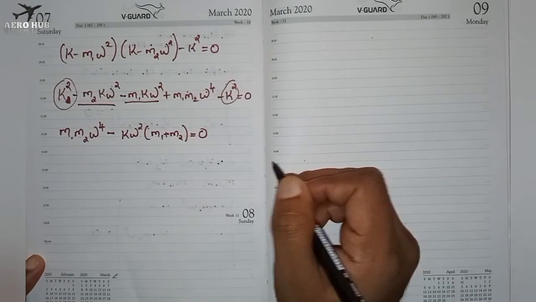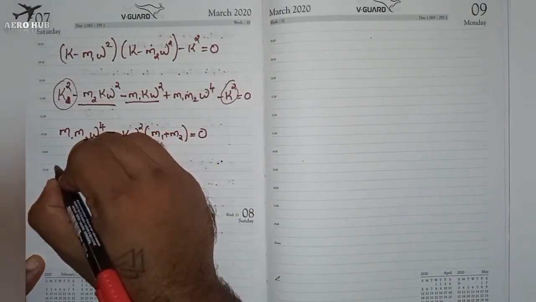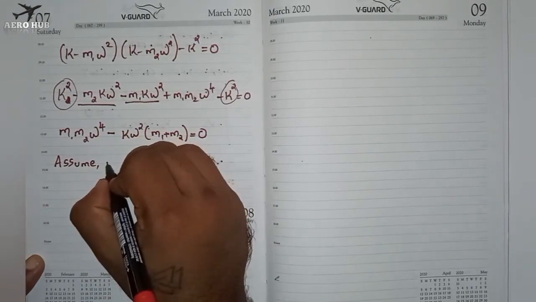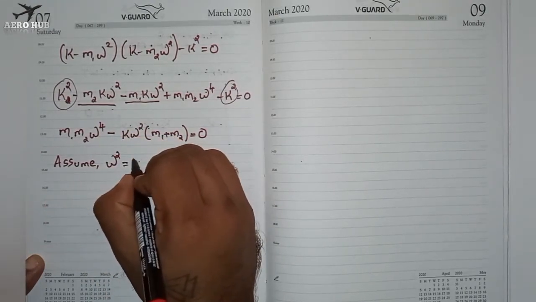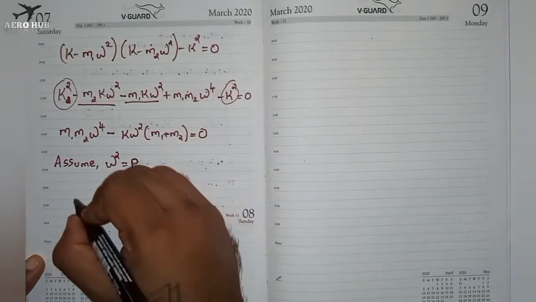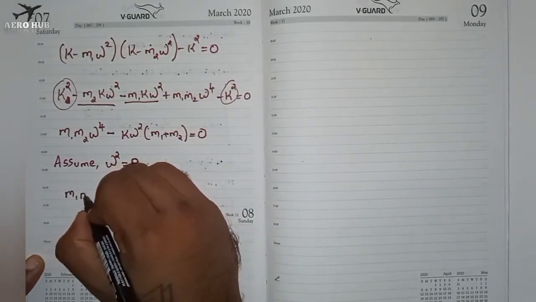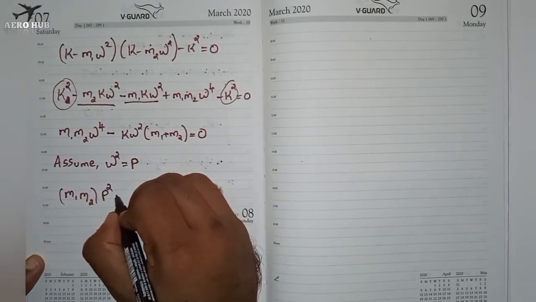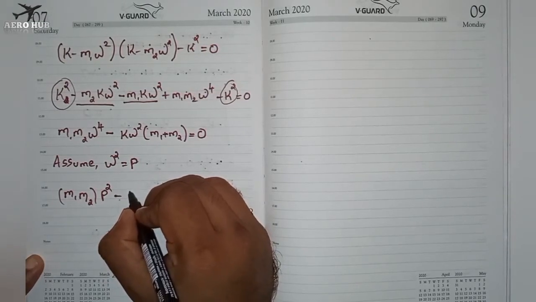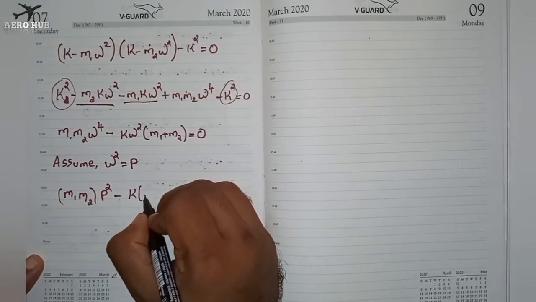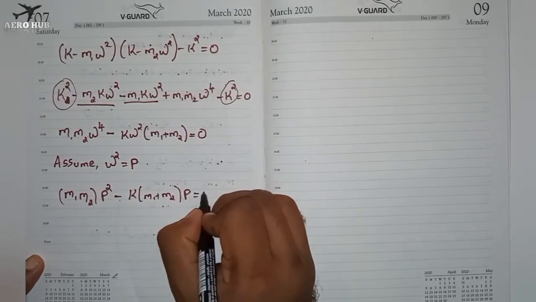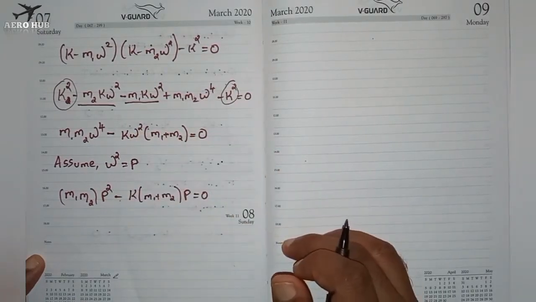Now we assume omega square is equal to p. So I can write m1 m2 into p square minus k into (m1 plus m2) into p is equal to 0.